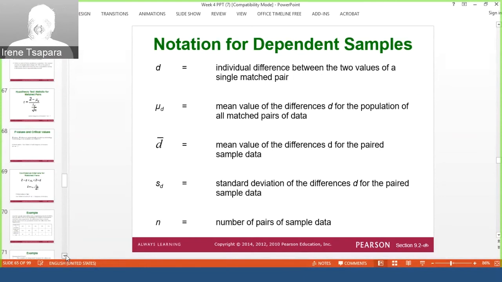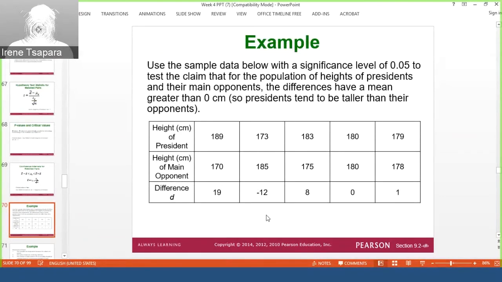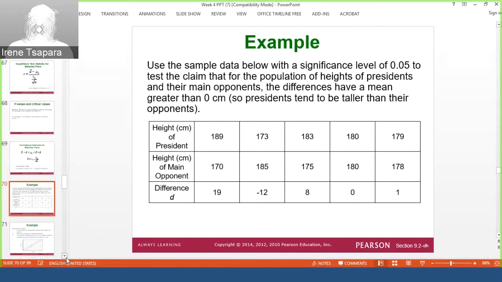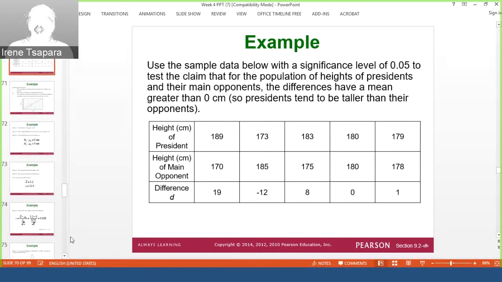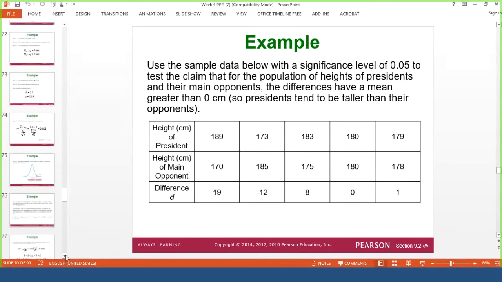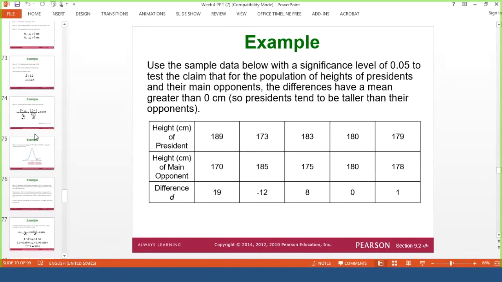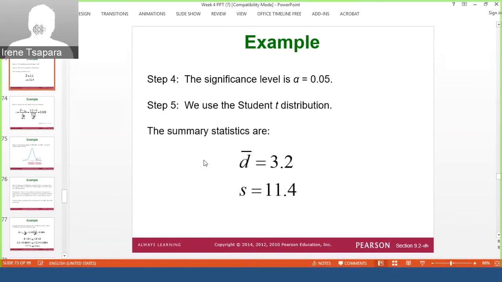So by calculating the differences, as we see them right here, you simply take the mean of those, and then you take the SD of those in R. To calculate the d bar, that is the mean, 3.2, and the standard deviation of the differences, that is 11.4.